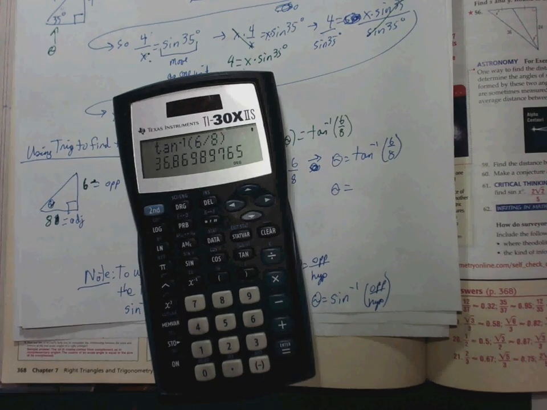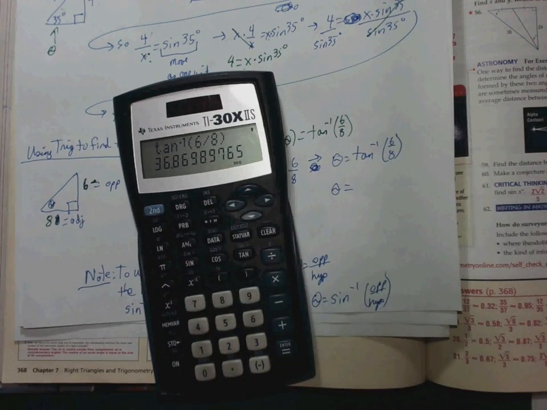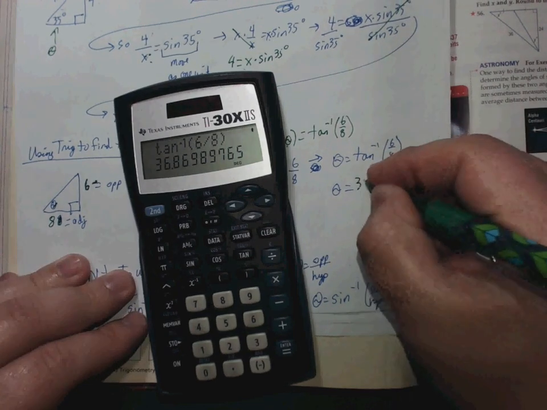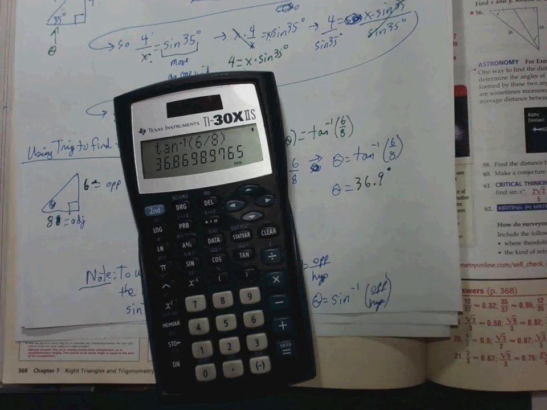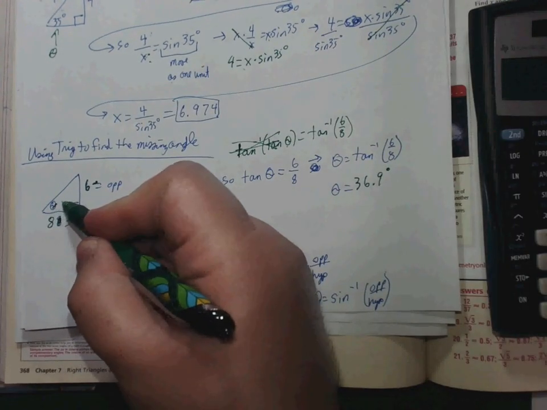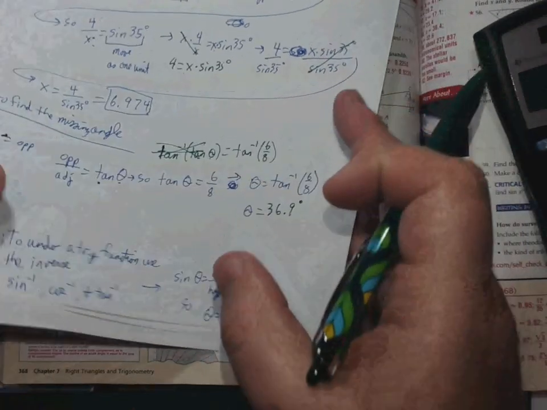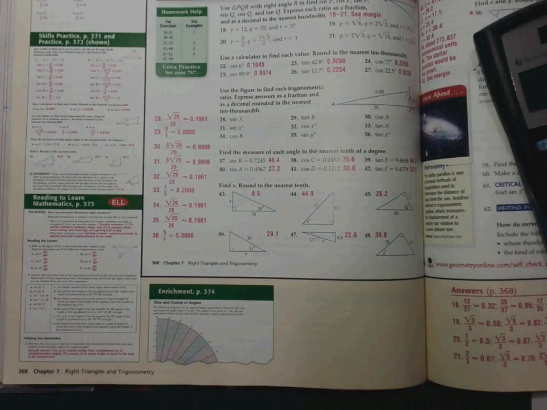It's going to give you the same thing. And we get 36.869, depending on where you want to round to. I'll just do the tenths, so that's 36.9 degrees. That is the measure of that angle. That is how you find those missing measures.